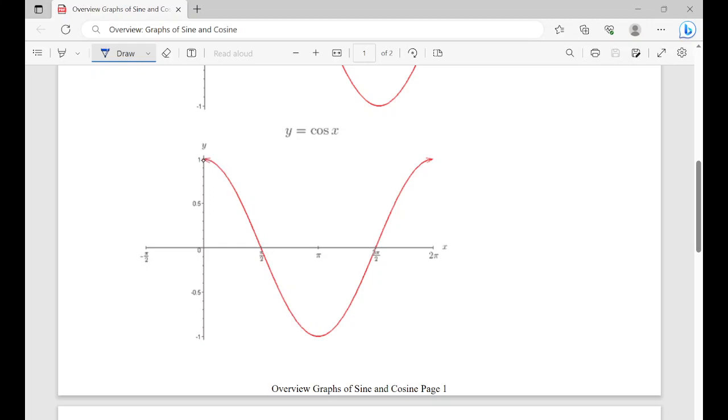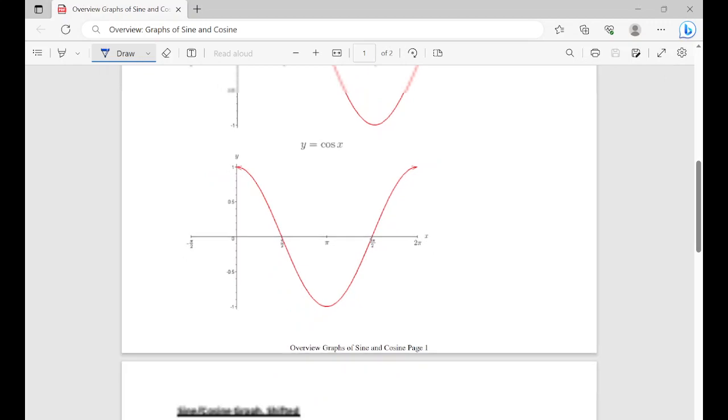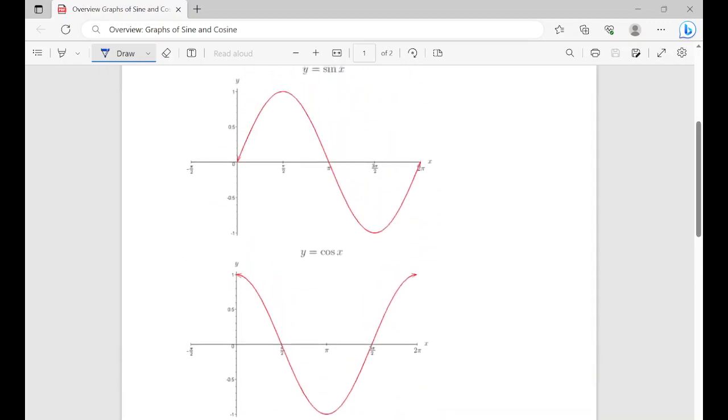It goes as high as +1 and as low as -1, meaning it has an amplitude of 1. And to graph this would be enough for cosine, because again it just repeats over and over again. So these are sine and cosine graphs.